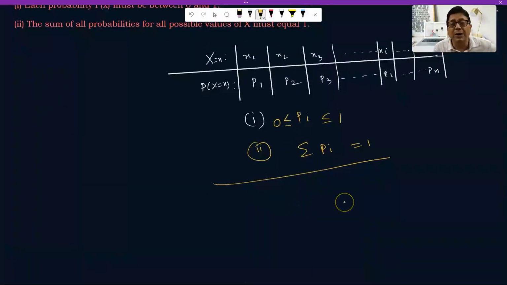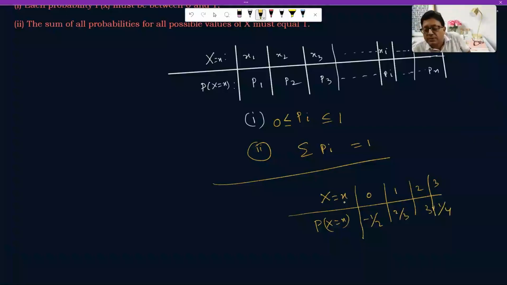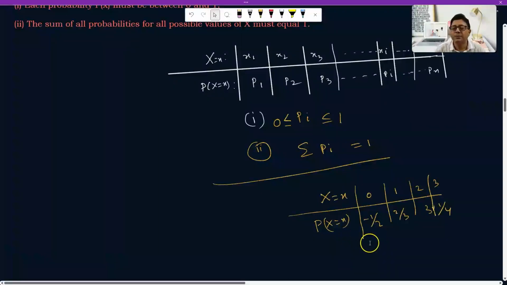So this will not be a probability distribution. Just let me write one arbitrary case. Suppose the values of random variable x are 0, 1, 2, 3 and the probabilities of X equal to x I am writing as minus 1/2, 2/3, 3 and 1/4. This is not possible. Why? Because it is not obeying the conditions.